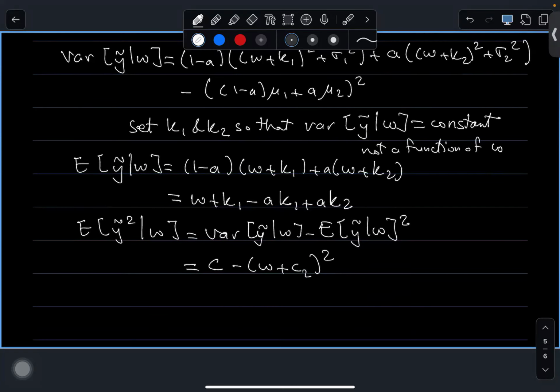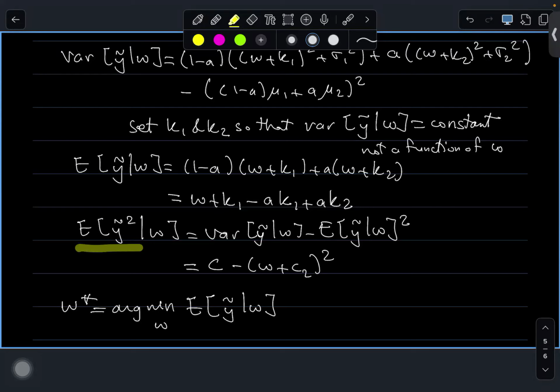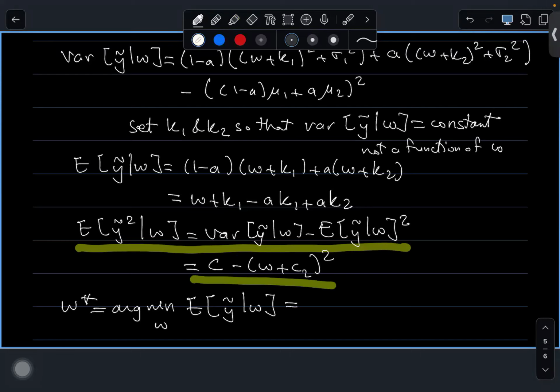So what this means is that I can set my distributions in such a way that W star, which is the argmin of the expected value of these errors, depends only on W. And so the best thing that I can do is not move my W, not move my finger, as you change the parameters of this task.